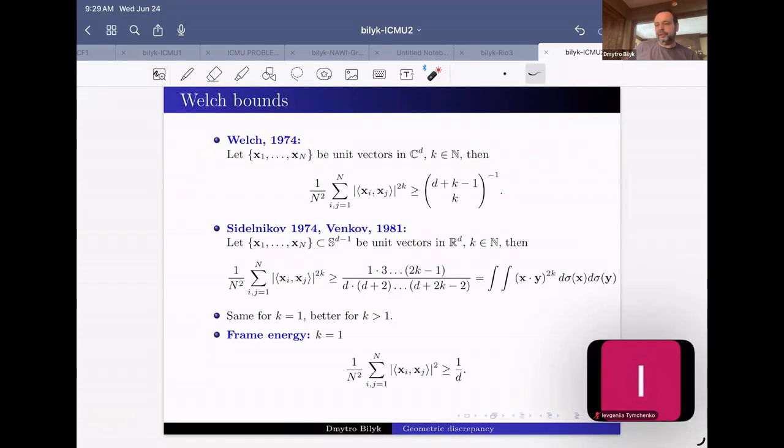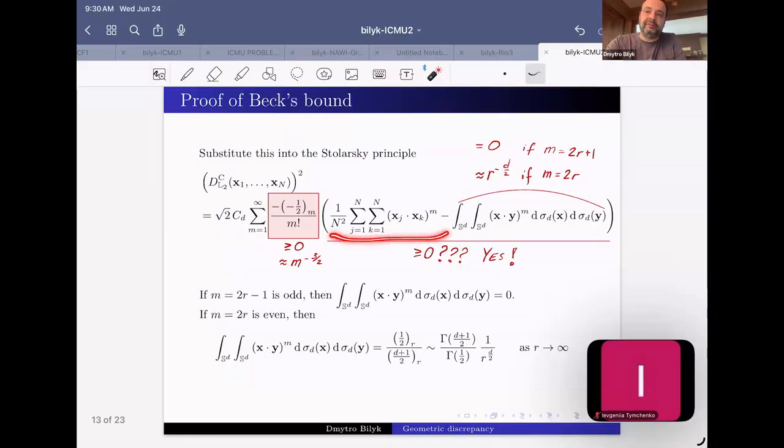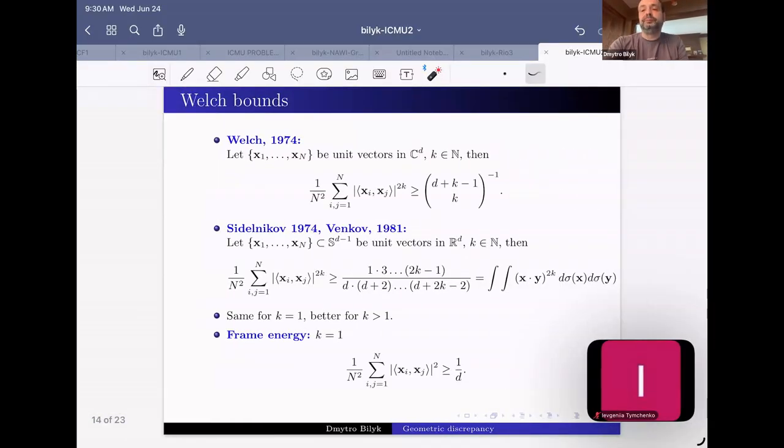There is a very famous bound due to Welch, which says that if you take unit vectors on the complex sphere, so complex unit vectors, and you look at the even powers of their inner products, and you take a double sum and the average, this is essentially the same object as we have here. Then you have this lower bound.